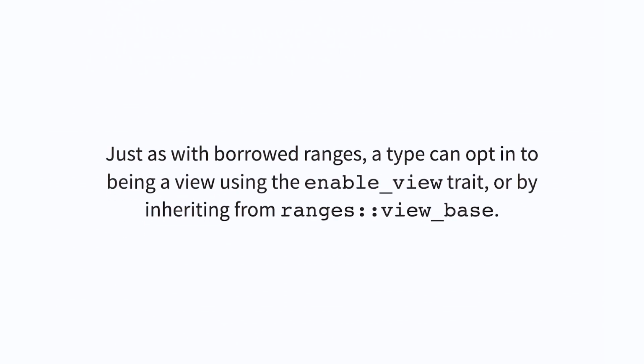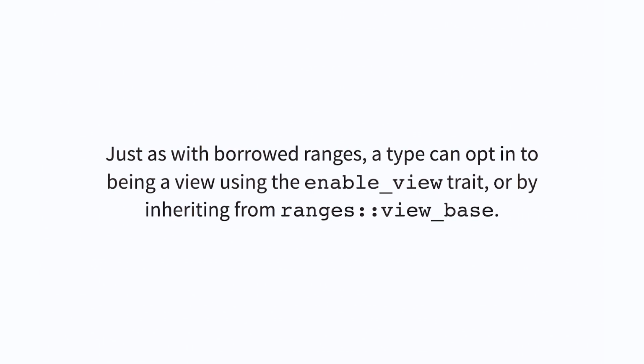Okay, so the compiler can't determine for us the algorithmic complexity of our functions. That's a halting problem, I think. So we have to opt into being a view. We have to tell the compiler, or tell the range's machinery, that our range type is a view, just as we did for borrowed range. There is another trait called enable view that we can specialize.